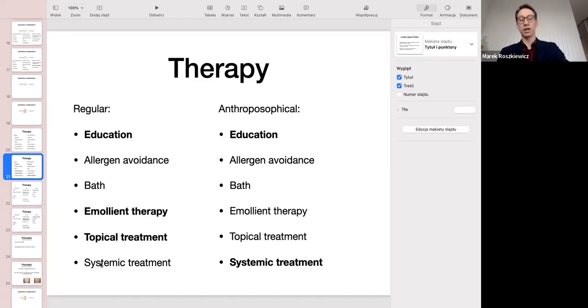Why not systemic treatment? Because nowadays regular atopic dermatitis treatment consists of steroids or very strong immune suppressant drugs, and it is not likely to be used very often. On the contrary, in anthroposophic medicine, we can use systemic therapy because we work from inside the organism, so it can build up the skin so that the skin will be, I would say, normal.